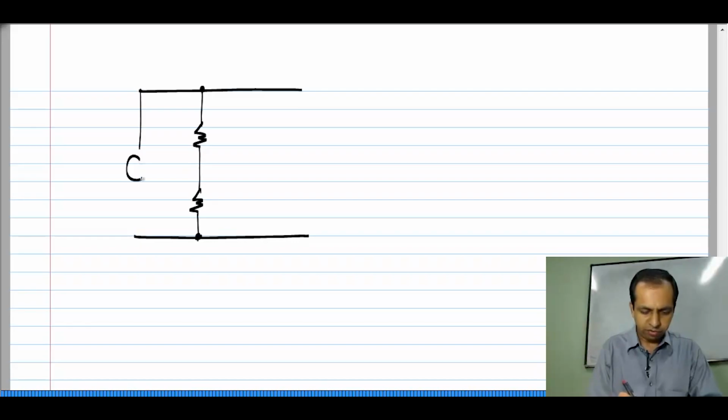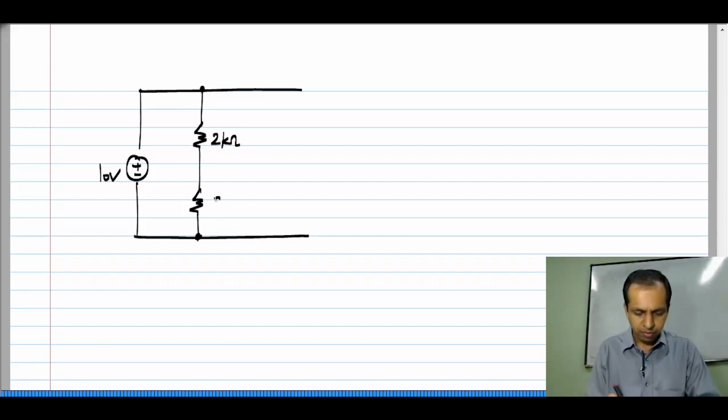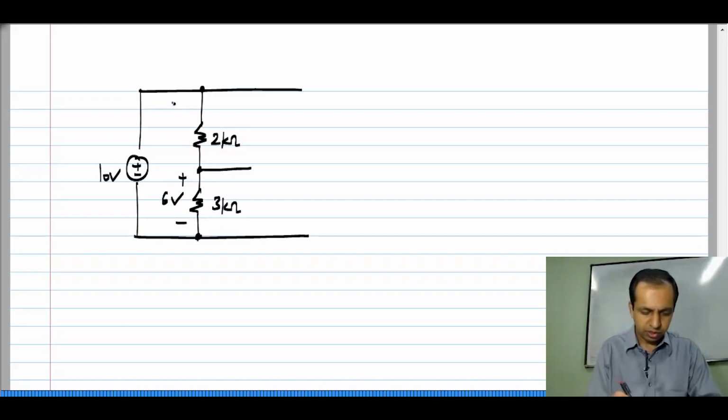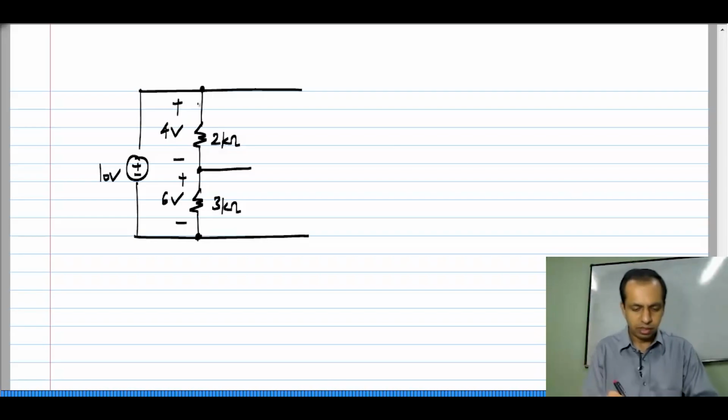Let us say I have a 10 volt source over here, I have 2 kilo ohm and 3 kilo ohm, and you easily see that the voltage across this is 6 volts and the voltage across that is 4 volts, and the current here is 2 milliamperes.